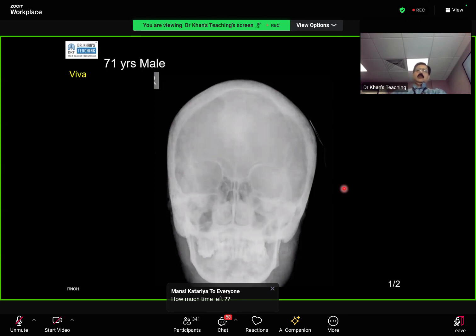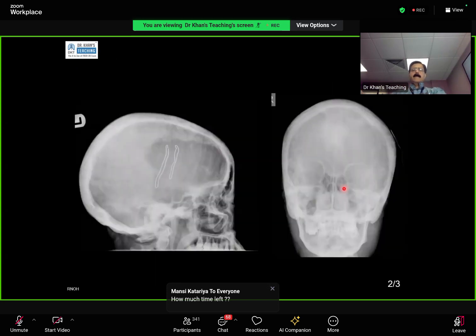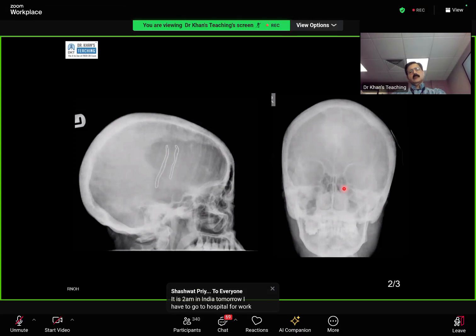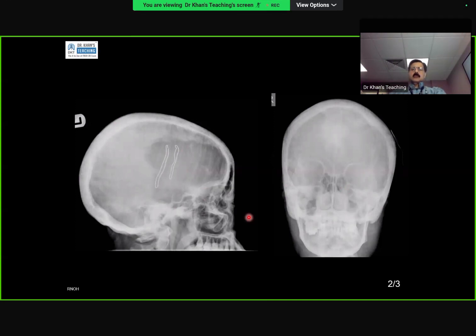In my routine practice, I also want to check the lateral view for this patient if available. Yeah, in this lateral skull radiograph, I can see a well-demarcated area of lucency in the frontal aspect of this skull. I can see there are two metallic-like structures. Yeah, don't worry about it. That was a bandage applied.